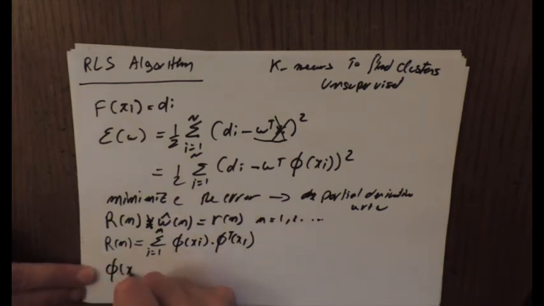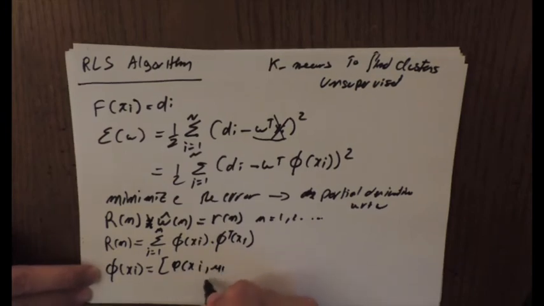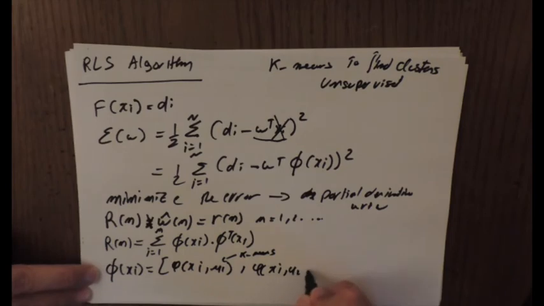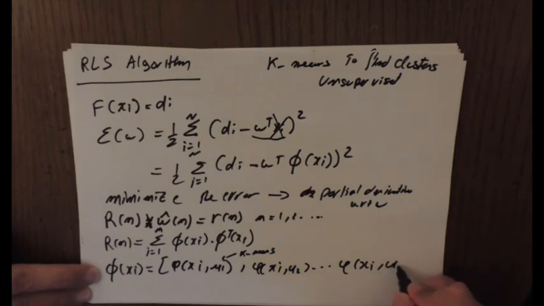And remember, phi of xi is made of the new centers that we found using K-means: phi of xi with u1, phi xi with u2, all the way to phi of xi with uk. Remember, we have k clusters.